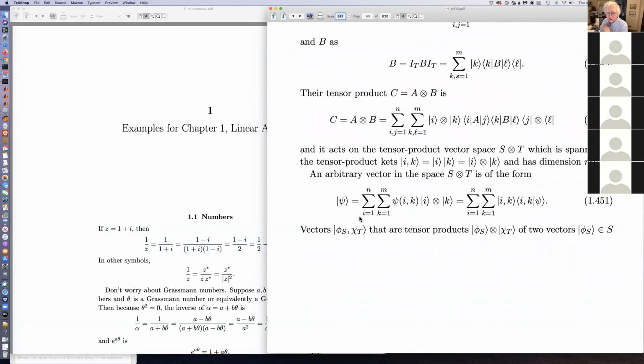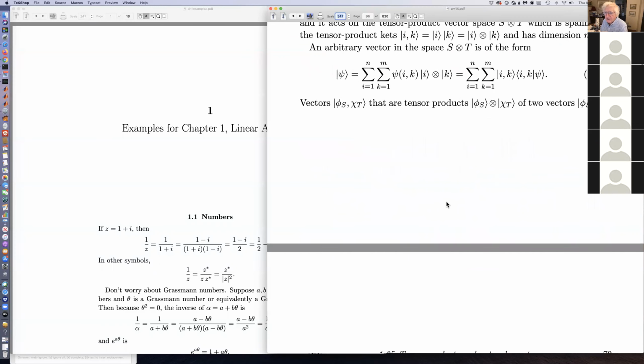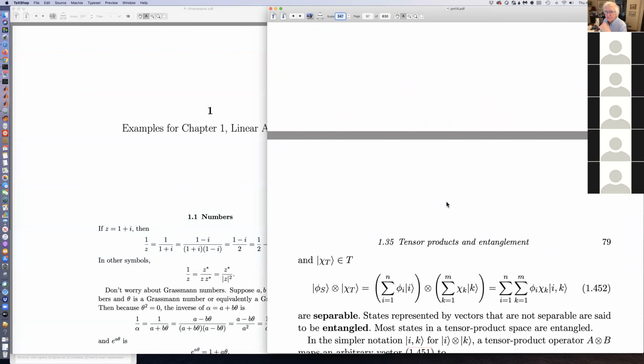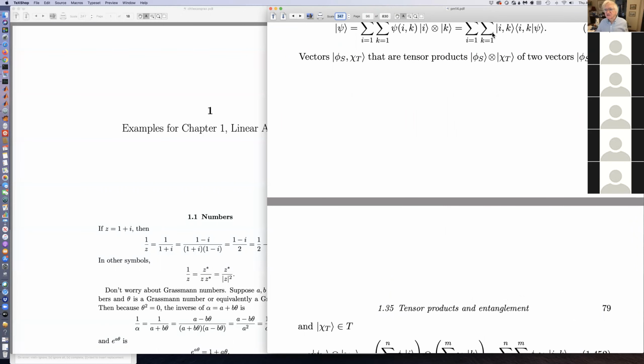And so an arbitrary vector in the space is of this form. Namely, it's a linear combination with arbitrary coefficients of the direct product of two vectors, one in the space S and one in the space T. So this is the general form.